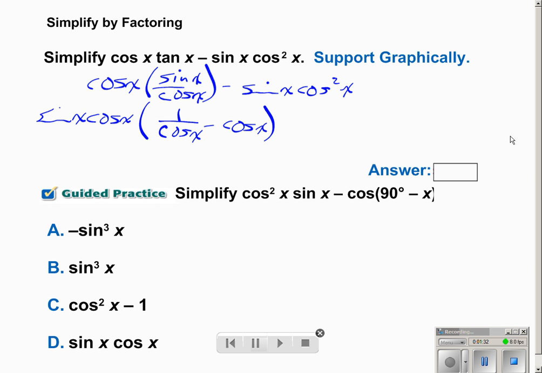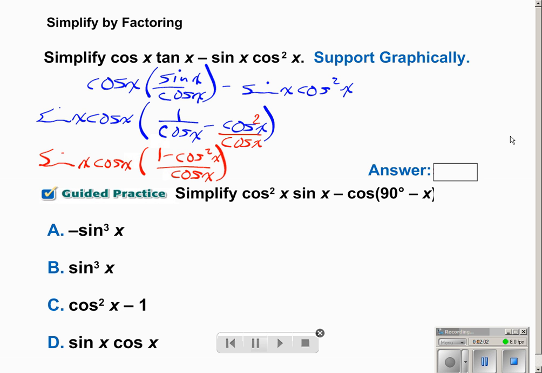And so if I get a common denominator of cosine x, so that's going to be cosine squared x over cosine x, then we have the sine of x cosine x times the quantity, well, 1 over cosine x minus cosine squared, so 1 minus cosine squared x over cosine x.